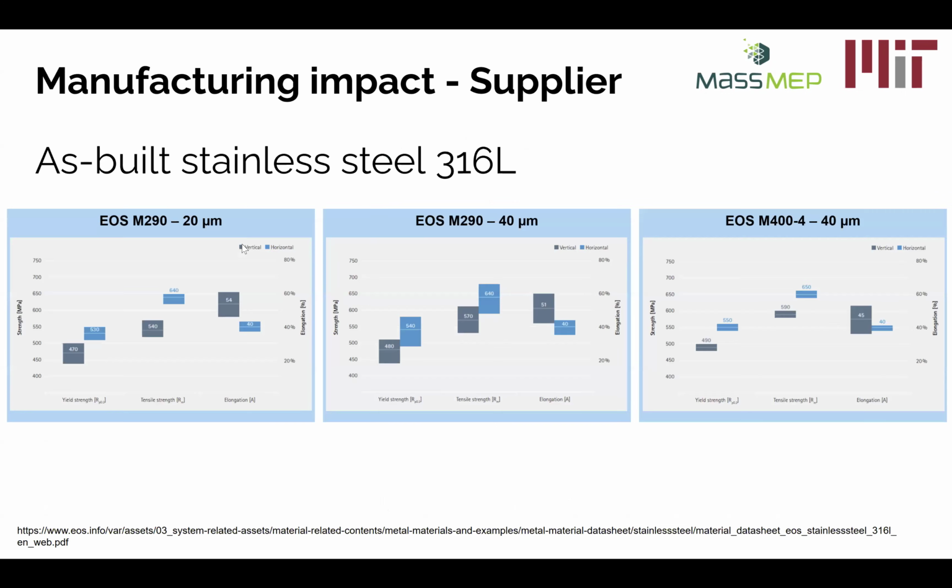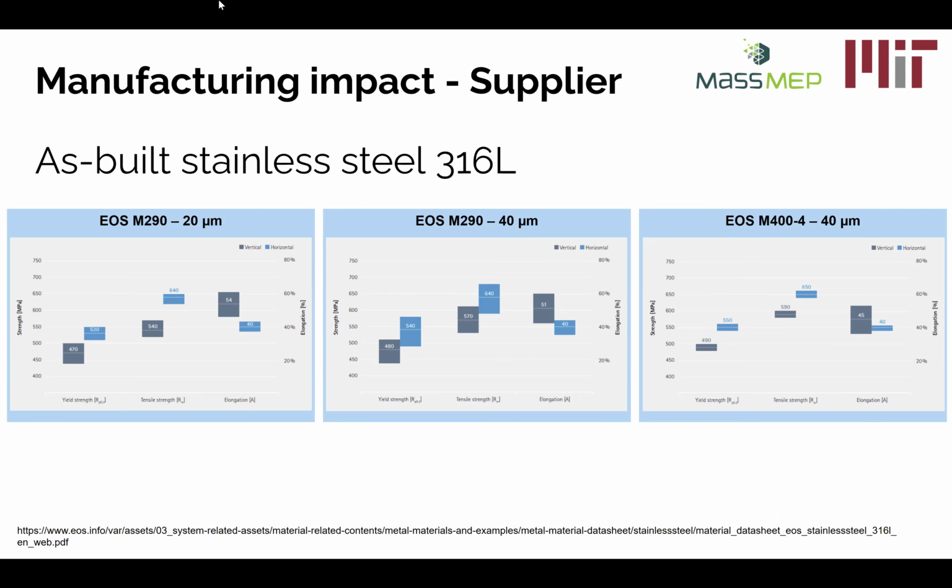An example. Yes, thank you. So this supplier is EOS, one of the biggest AM printer suppliers in the world. And what you see here is taken from their material data sheets. They sell 316L powder, and in their material data sheets, you can find these graphs where they're showing the as-built tensile properties that you can get when you print this material with two different machines of their machine park or different printing parameters.